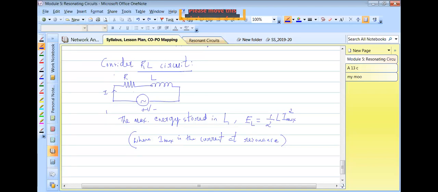Fine. Call this equation 2. Now, what is the energy dissipated per cycle? Everybody write this.